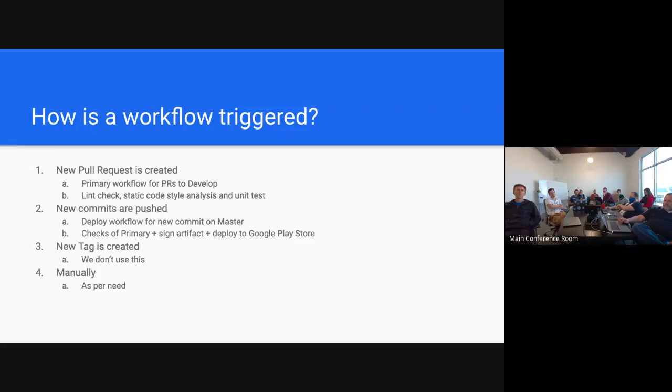As I mentioned, whenever a release candidate branch is merged into master, we want to trigger the deploy workflow to deploy a new version of the app to the Play Store. So we use this for the deploy workflow. Then there is one option you can configure, which is whenever a new tag is created. We don't use this as of now. And you can also trigger a workflow manually as needed.